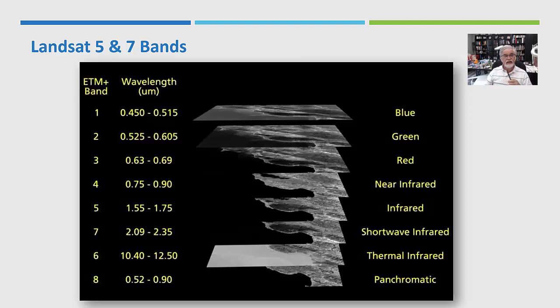So this is Landsat showing the different bands that Landsat has and the different wavelength areas. And so we got blue, green, red, near infrared, infrared, and down into the thermals that we have. And these are the wavelength families that are associated with it.